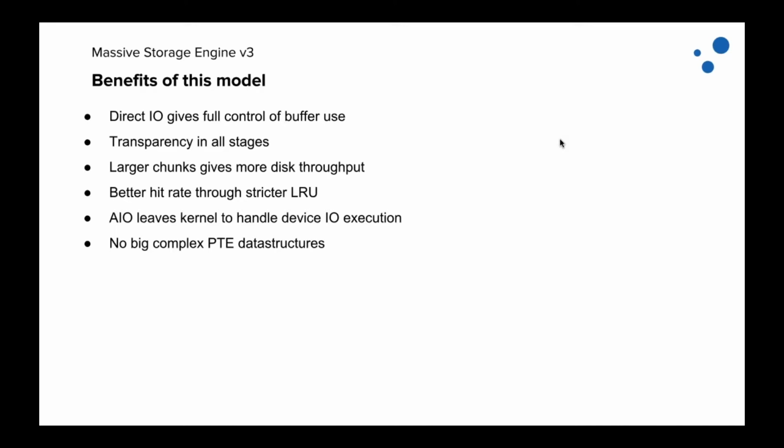We should get a better hit rate when we think of the middle layer of the cache, the fast layer, the one using system memory for caching. We can use a much stricter LRU instead of the guesswork the kernel had to do to set some flags and see what happened. We actually know what objects are being referenced and what are the most valuable pieces to keep in memory.